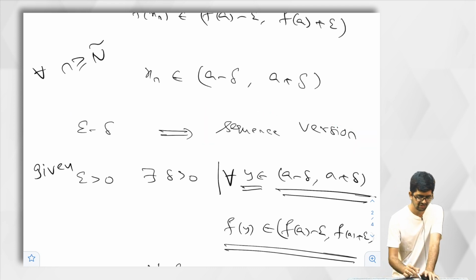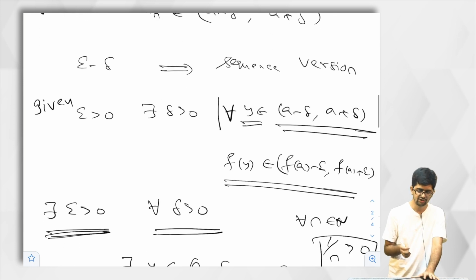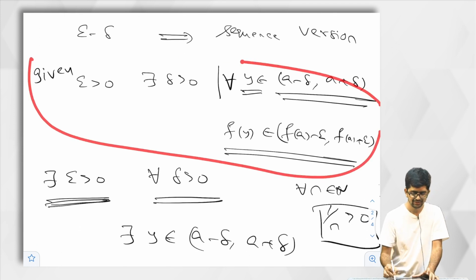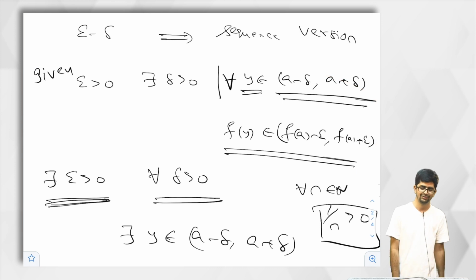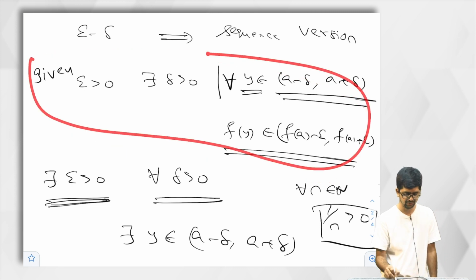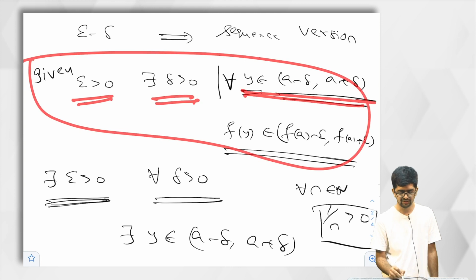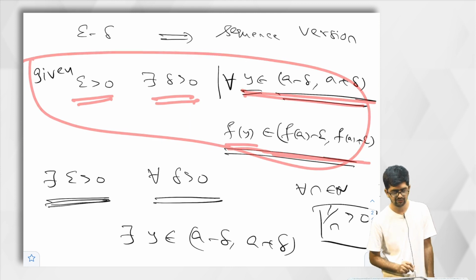So, whatever we have assumed about this condition, it is not true. We assumed that this is not happening, so because the assumption is wrong, it turns out that this is actually true: given epsilon positive, there exists delta such that for every y belongs to this interval, f of y is in this interval.